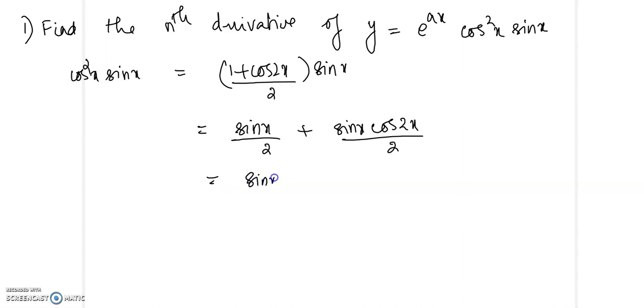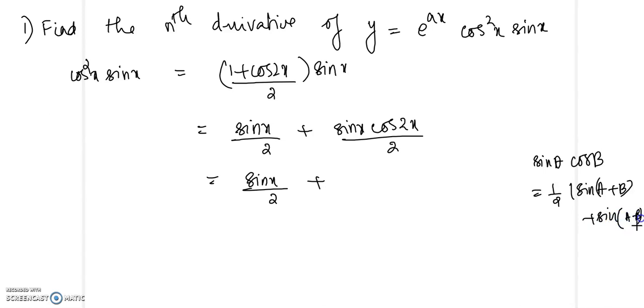Now sin a cos b will be equal to 1 by 2 of sin a plus b plus sin a minus b. So here you will get 1 by 4 sin 3x plus sin a minus b, and a minus b here gives x minus 2x.